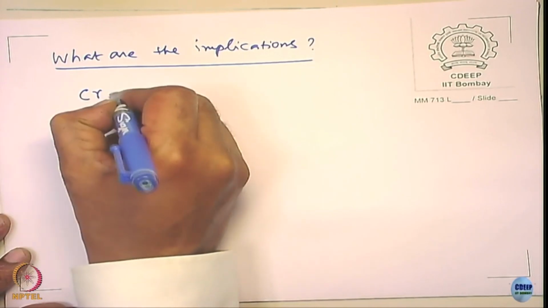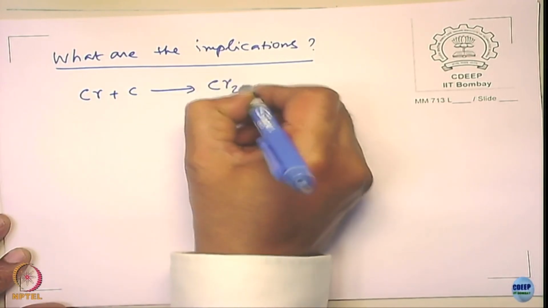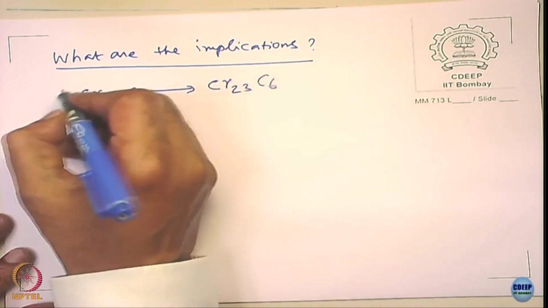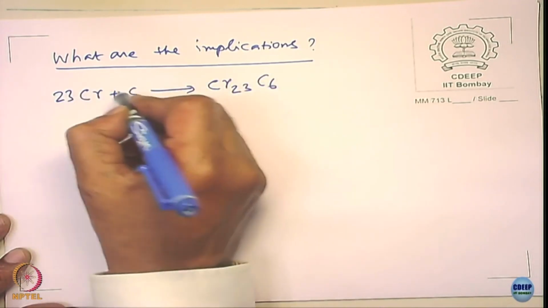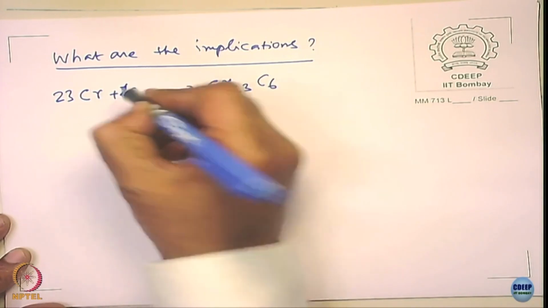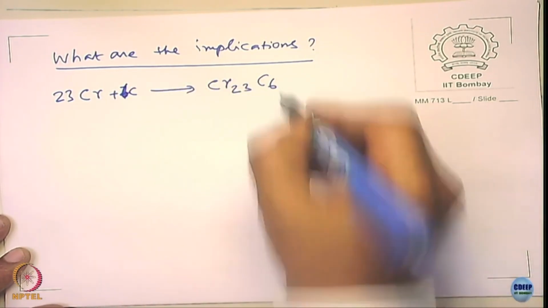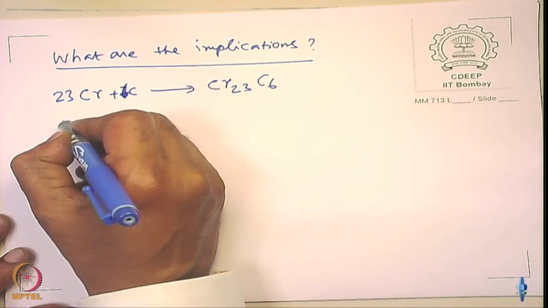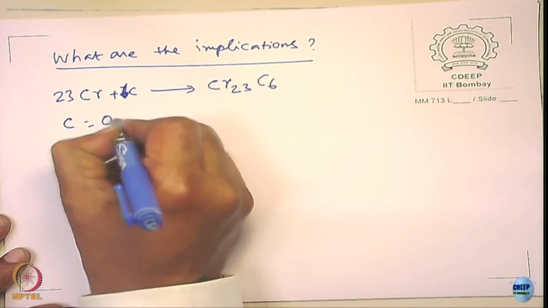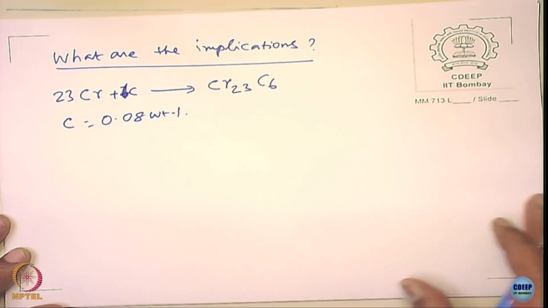Chromium combines with carbon and forms Cr23C6, 23 chromium, 6 carbon. What is the carbon content in the alloy? It is about 0.08%, right.